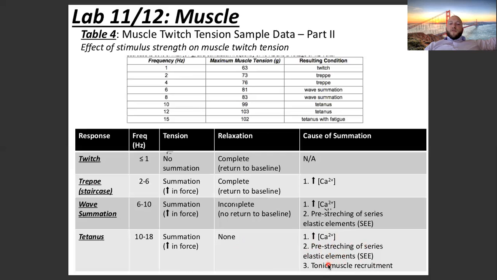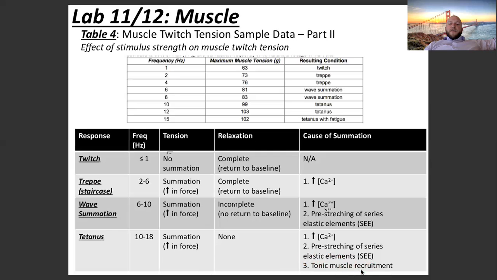Tonic muscle recruitment. So in humans, we only have tonic muscles in a few places, in a few specific examples. Frogs have these tonic muscle fibers within their gastroc. Again, rare in humans, but they're going to respond. They're not really going to have action potentials with just a single shock.